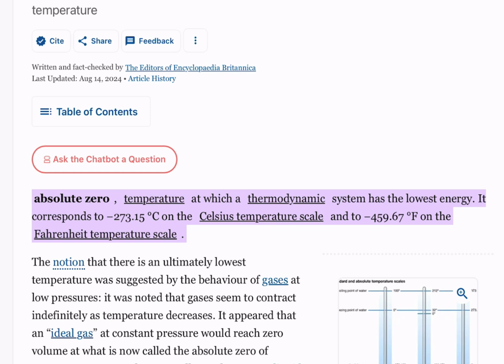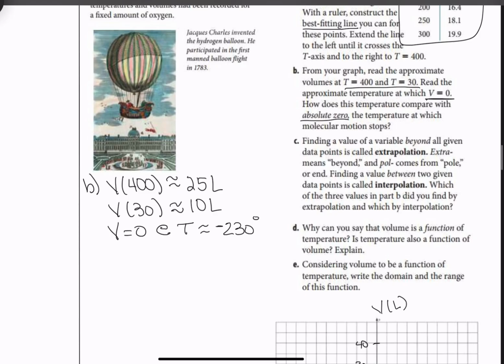And that's negative 459.67 degrees Fahrenheit. Okay, so that's really cold. So we're about 43 degrees off.